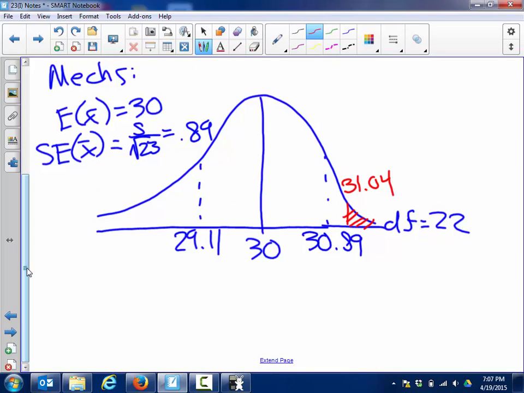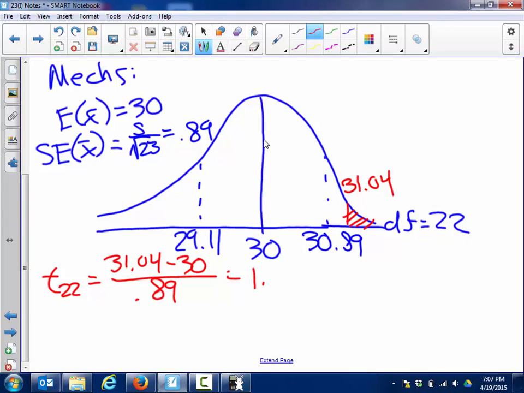Your standard error is equal to the same thing that we used last slide, because notice the null hypothesis here doesn't make any claim about what the standard deviation is. So you have to work from your sample standard deviation over the square root of 23, your sample size, like we've done before. So you get the same standard error, 0.89.